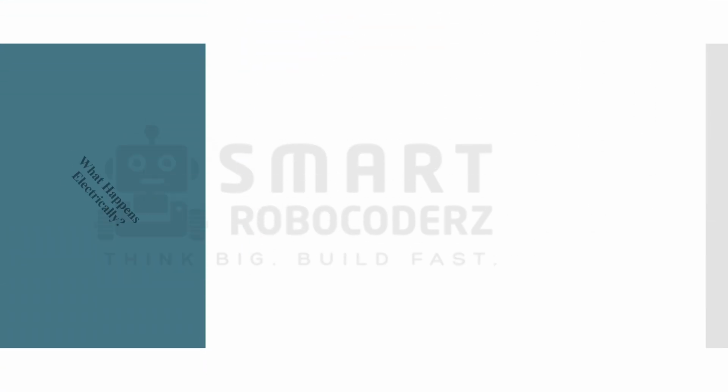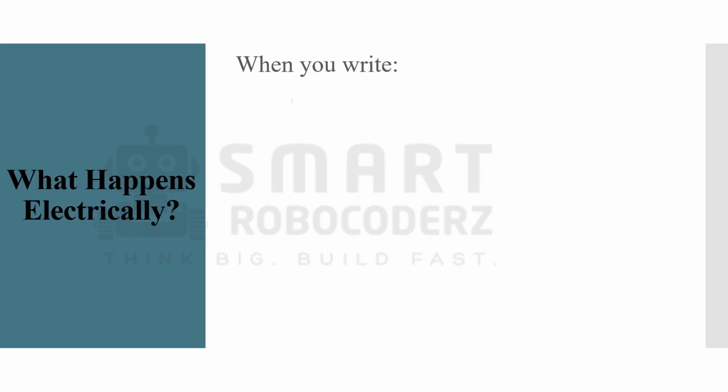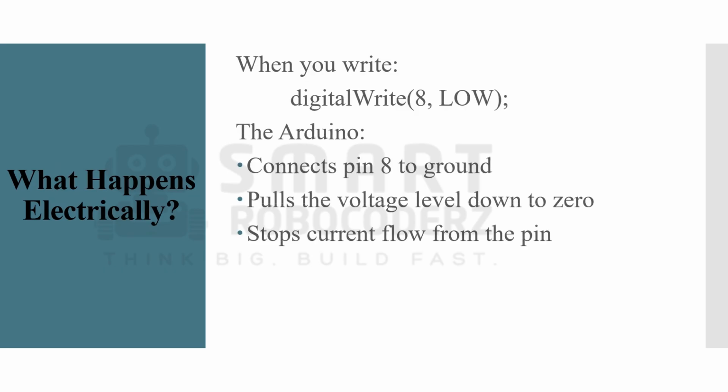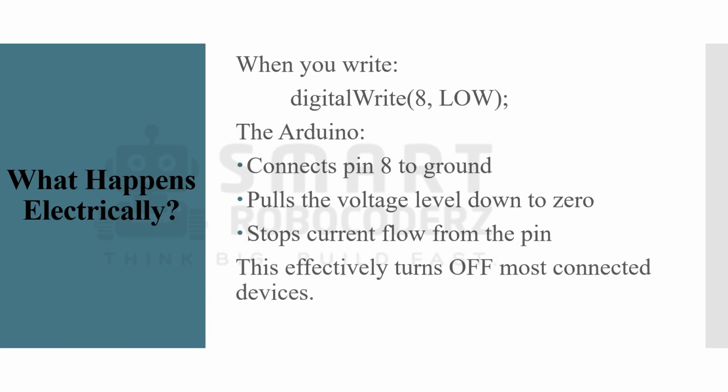What happens electrically? When you write digitalWrite(8, LOW), the Arduino connects pin 8 to the ground, pulls the voltage level down to 0, and stops current flow from the pin. This effectively turns off most connected devices.